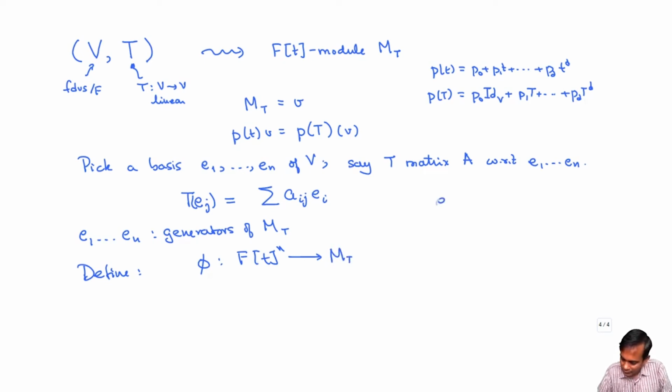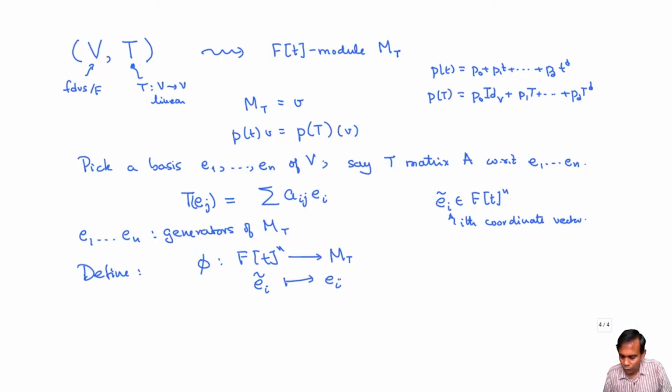So let's say ei tilde in F[t]^n is the ith coordinate vector. So it's the constant polynomial 1 in the ith place and zeros everywhere else. So phi will take ei tilde to the ith generator of M, which is just ei.